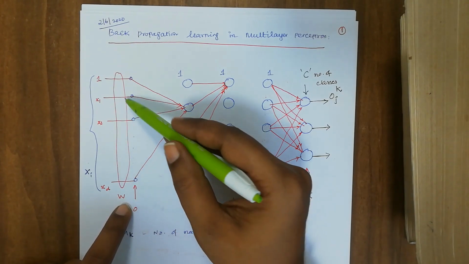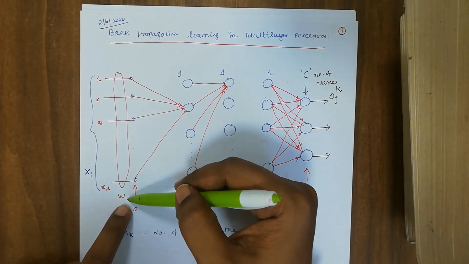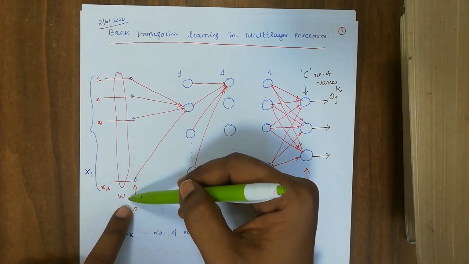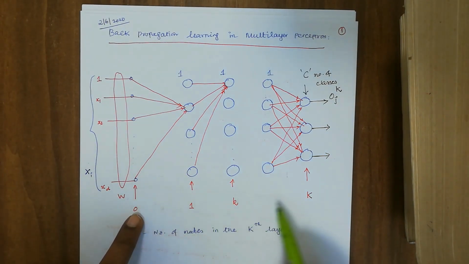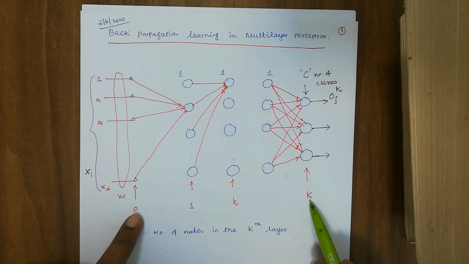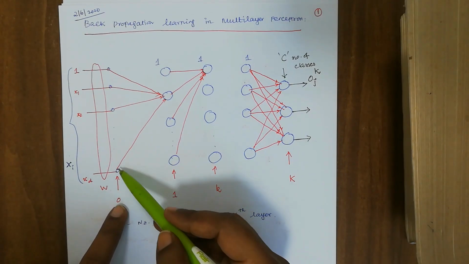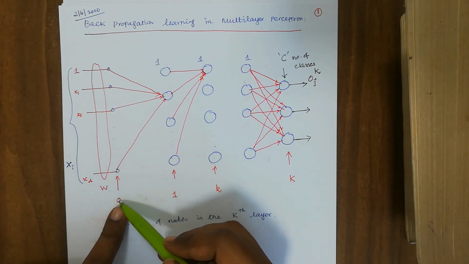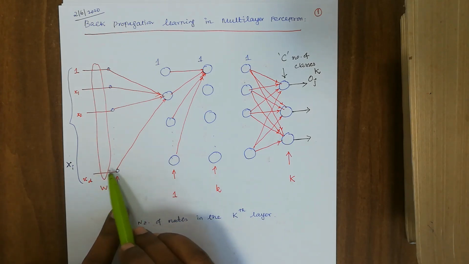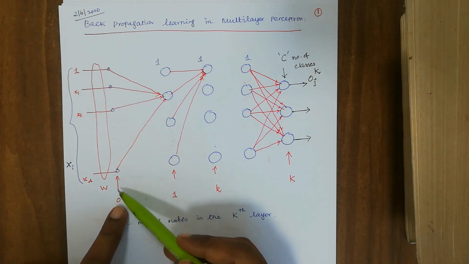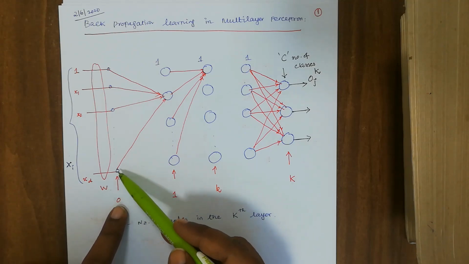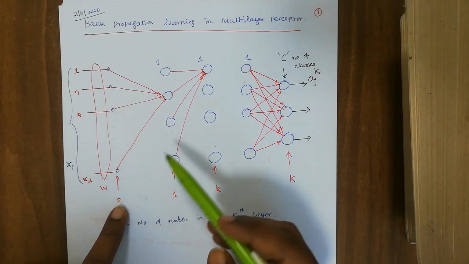And this weight vector is represented as w, and consider there are totally capital K layers, and the input layer is represented as 0 because it is simply passing the given input signal to the next layer. So let us consider that the input layer is at the 0th layer.